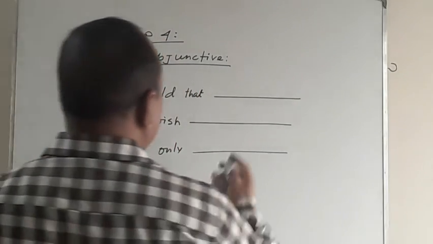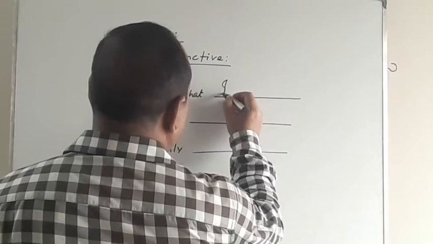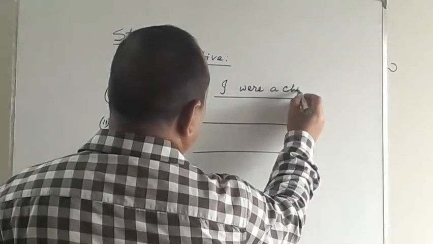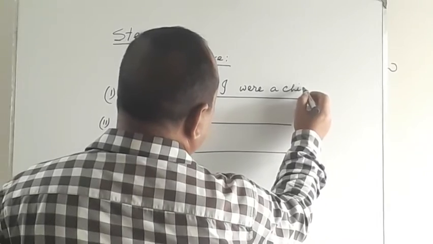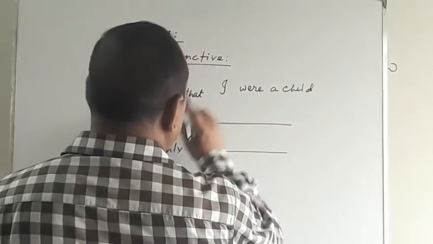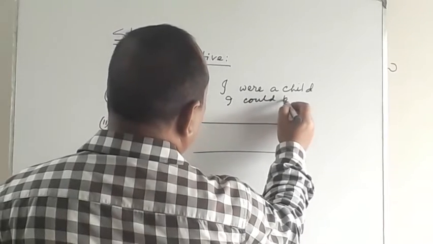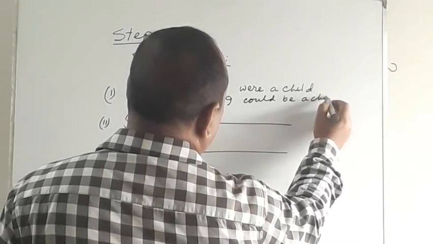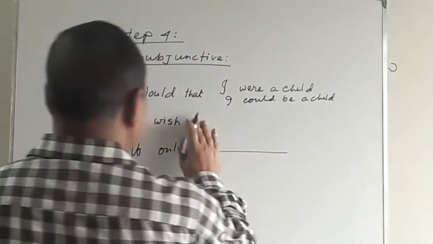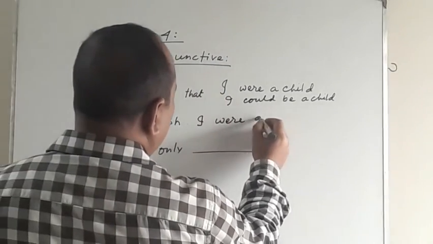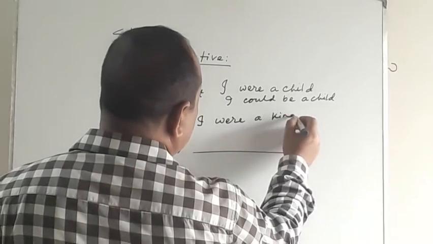So, would that, I can write, would that I were a child. This is correct. Even you can say, would that I could be a child. Even, I wish I were a king.